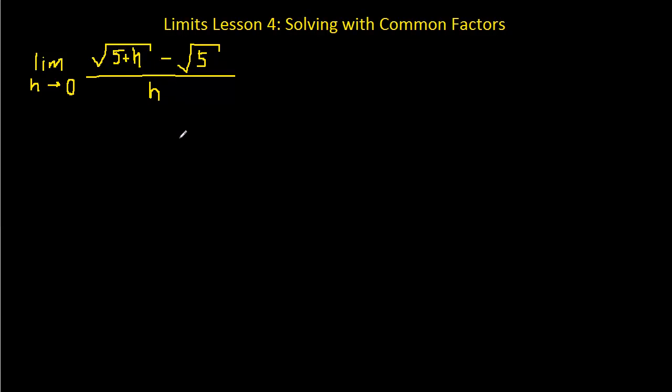Now, it might seem like we have no choice, nothing to do here, but one thing you pretty much just have to memorize, the one thing you have to remember is when you see something that looks like this, something complicated with a single h on the bottom as h goes to 0, just multiply by the conjugate of the top.